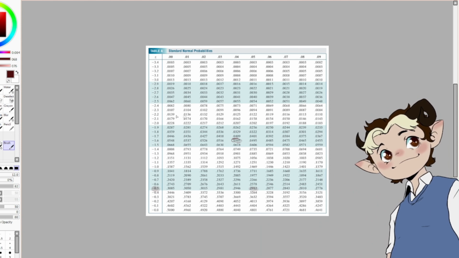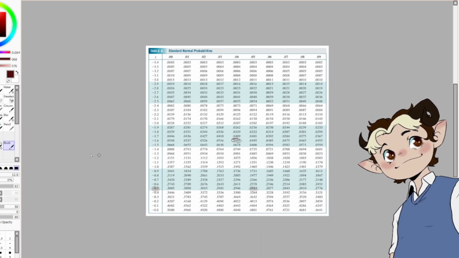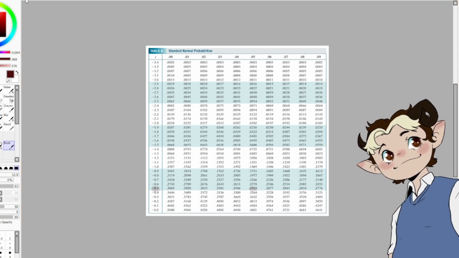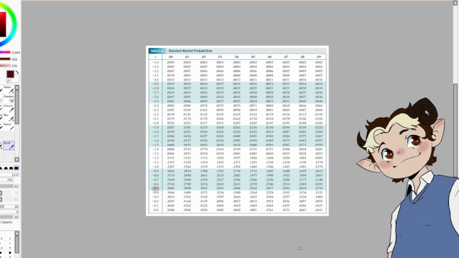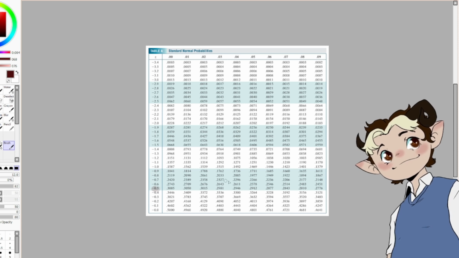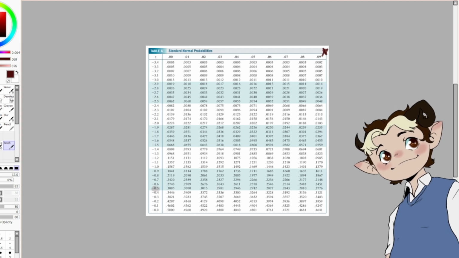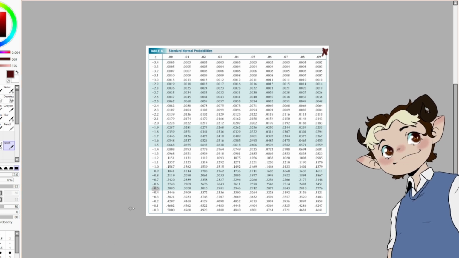Then we're going to look that up in our table. So let's look at our table. And we find that it is really, really small because it's somewhere over there. So that is almost zero.